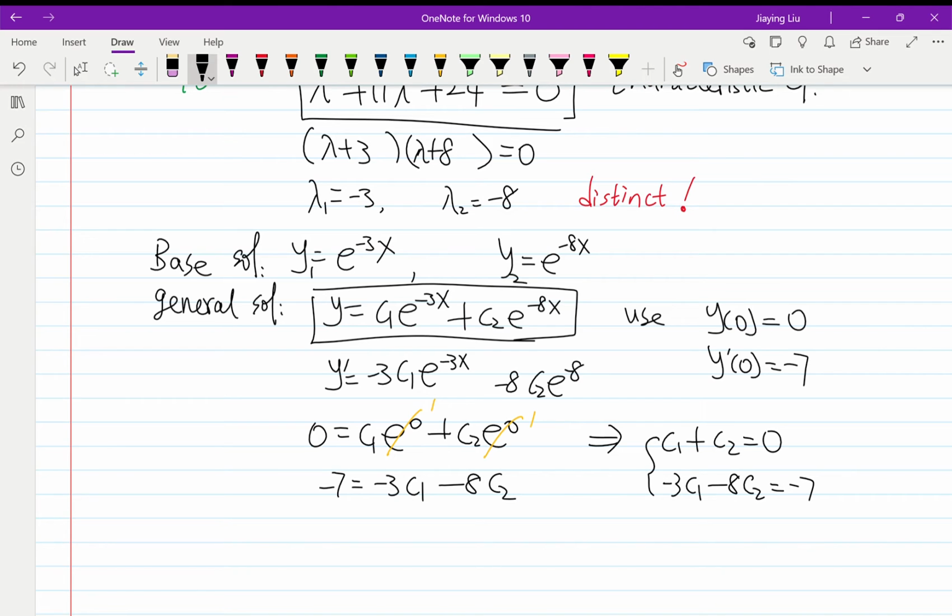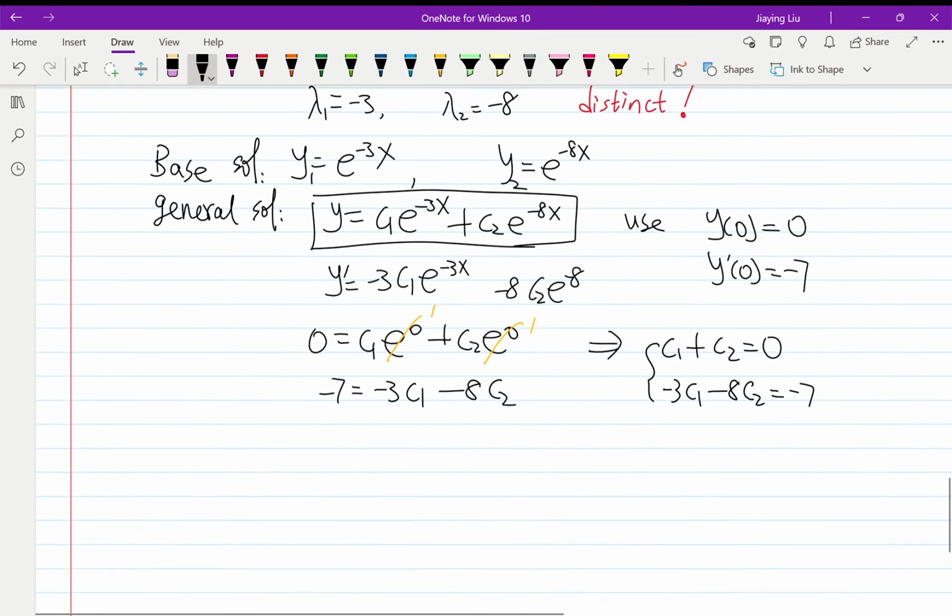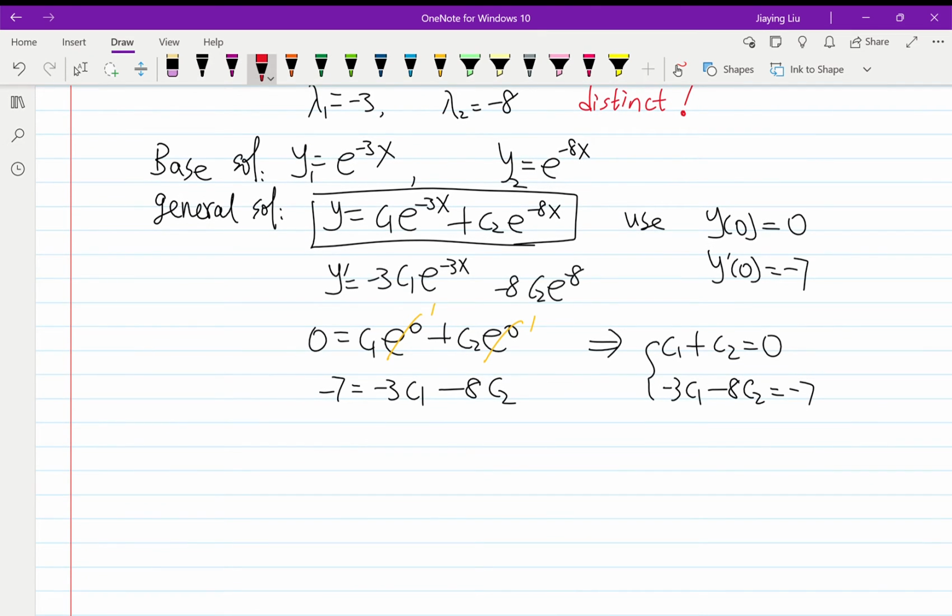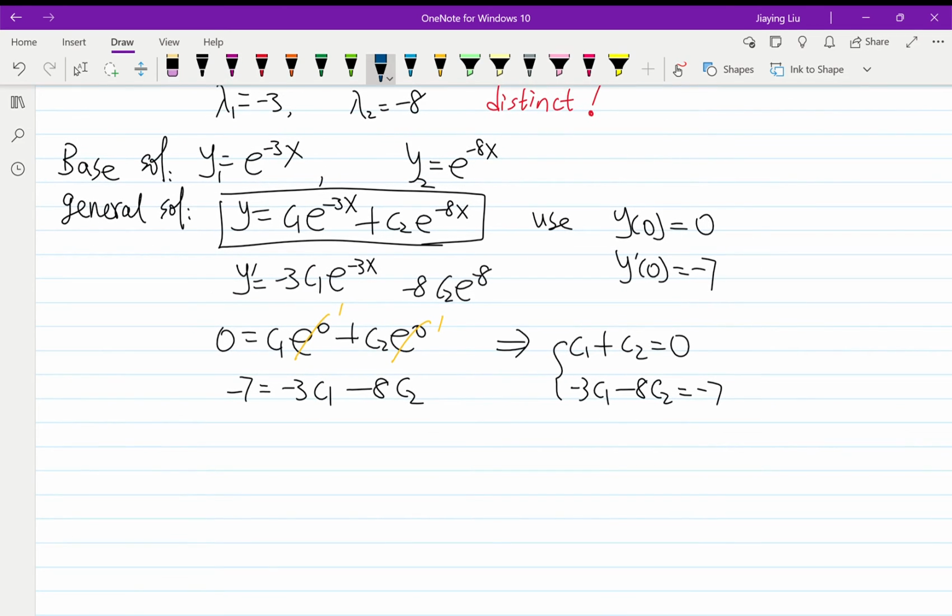It probably has been a while, but I'm sure you remember how to solve this system of equations, either substitution or elimination, whichever you feel comfortable with. Let's say I'm going to use elimination. I want to get rid of C1, so I'm going to take the first equation and multiply by 3.